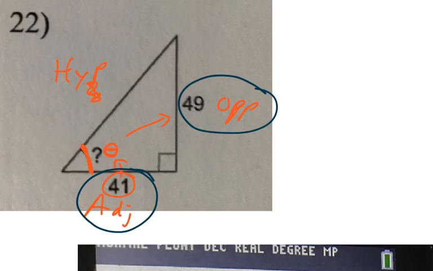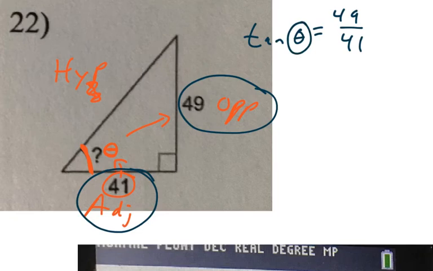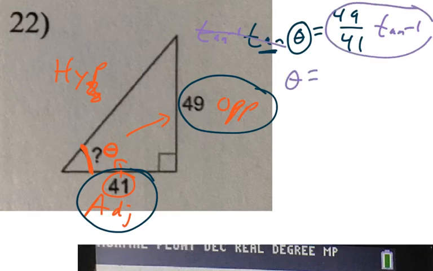Tangent. So I know that the tangent of theta is the opposite over the adjacent. Now, how do I find this theta again? I need to get rid of this tangent. How am I going to do that? I'm going to do the tangent inverse on both sides again. And now I know theta is going to equal whatever that is.